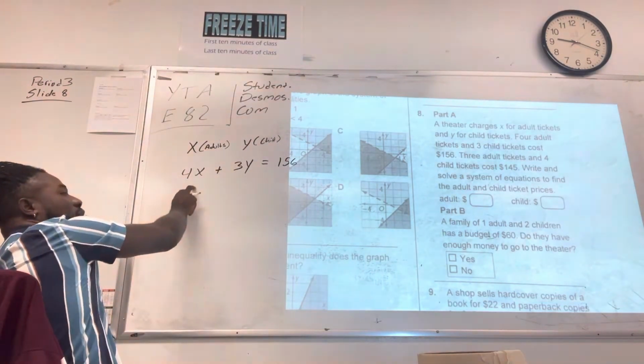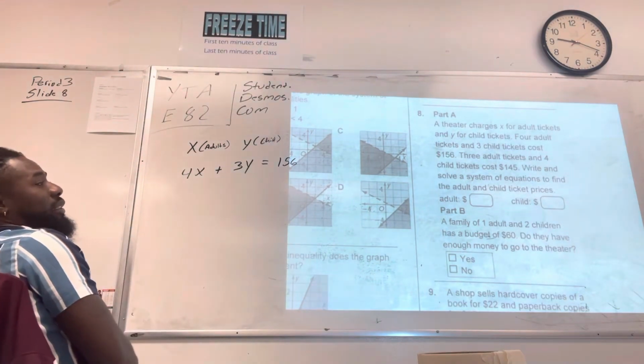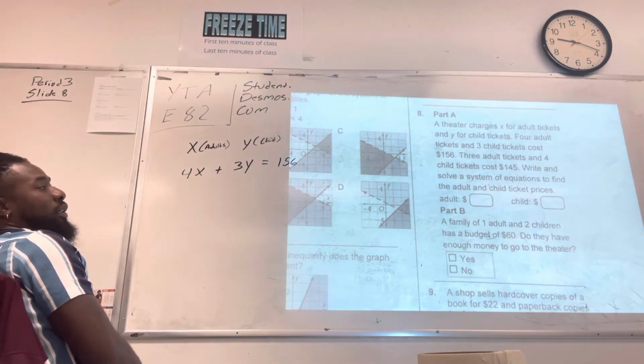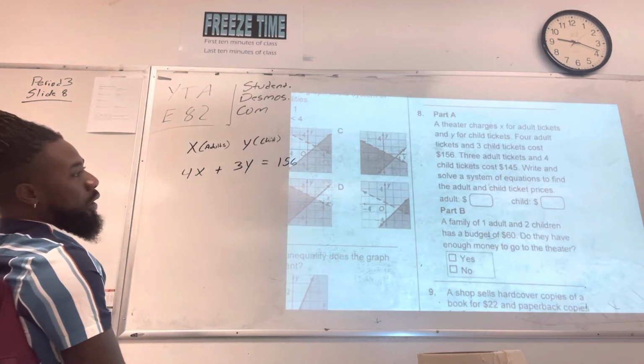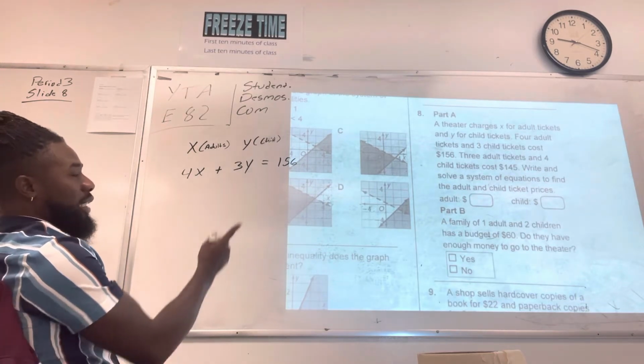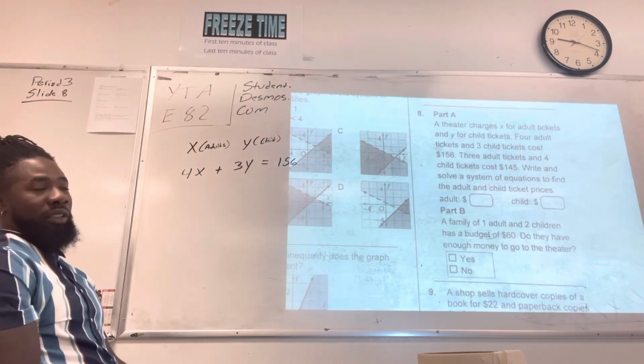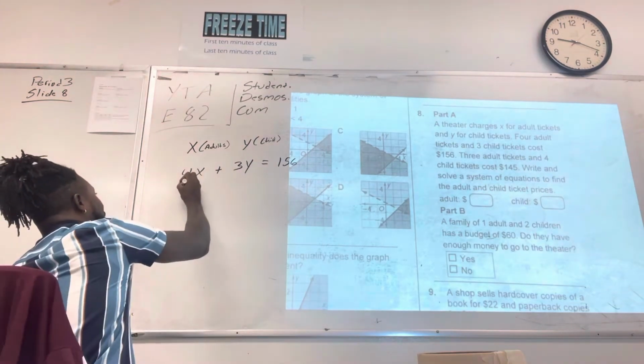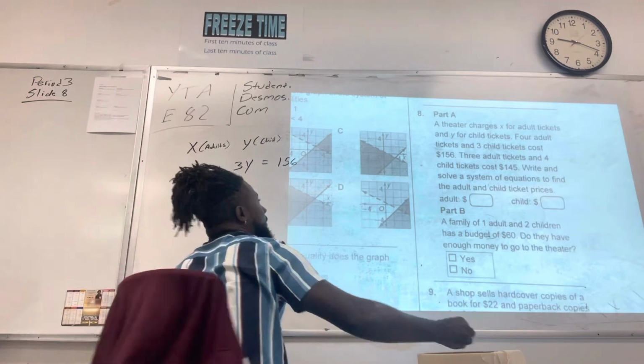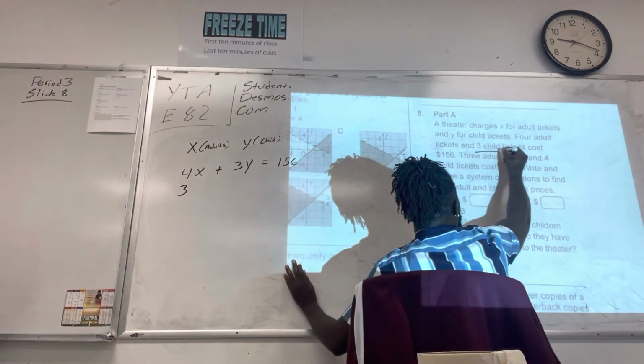How many adults for the second linear equation? The second one says 3 adult tickets. Right here. Second one says 3.